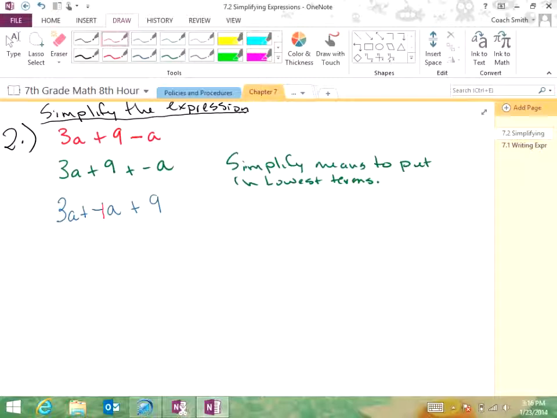Here's a negative and positive rule, and we've thrown a variable in there to try to confuse it even more. So, for this one, I'm taking 3 plus negative 1. What is 3 plus negative 1?